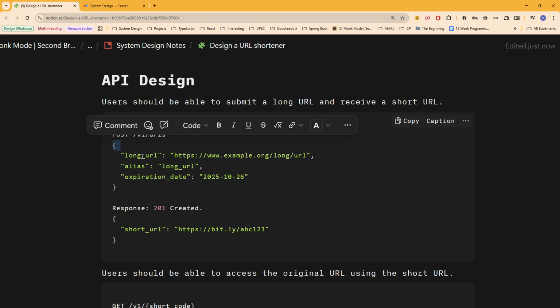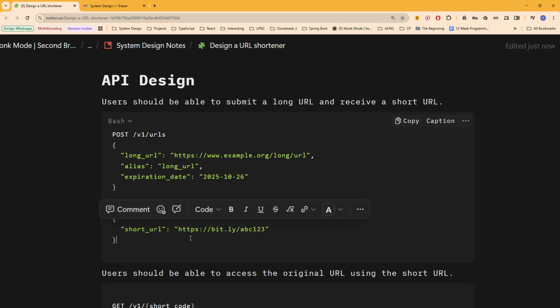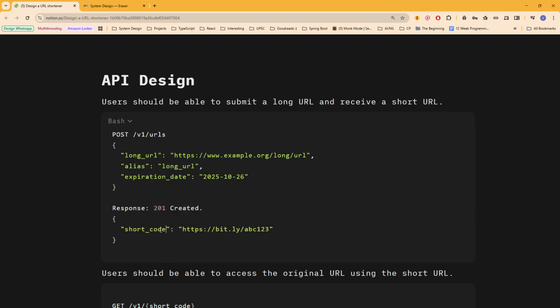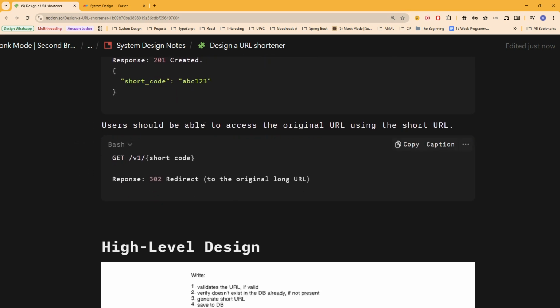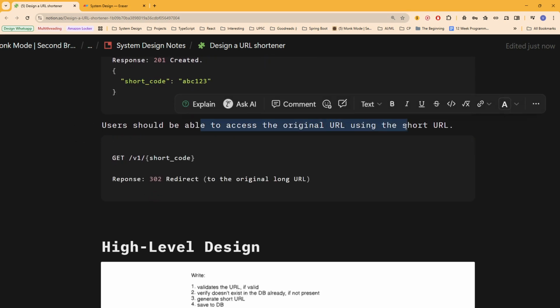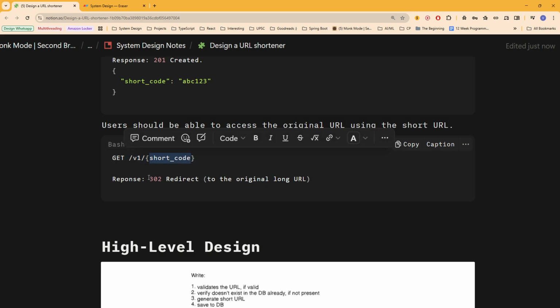We are sending the long URL, and the response is 201 created, and we are getting the short URL. Also, rather than sending the short URL, you can simply send the short code, because the rest would be the same for your website. This would be your domain name, so you can simply send this. The second functional requirement was that the user should be able to access the original URL using the short URL. There you can simply do a GET on the short code and redirect the user.